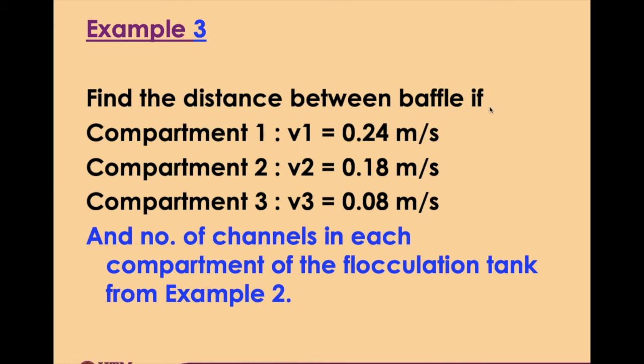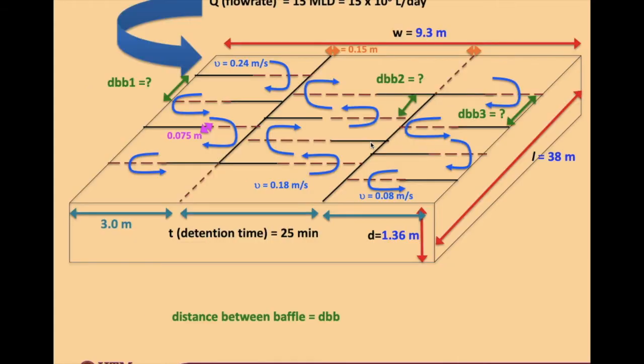In the first compartment, the speed is 0.24 meter per second. This is basically the hydraulic flocculation tank. You can see the speed at the first compartment is 0.24 meter per second. When it enters the second part of the flocculation tank, the speed now is 0.18.